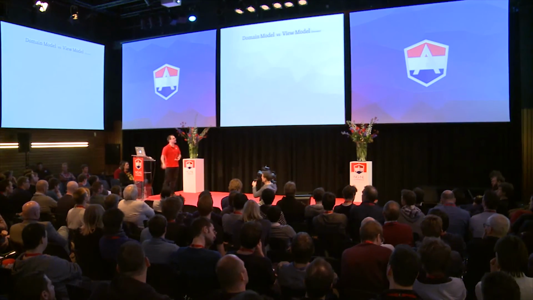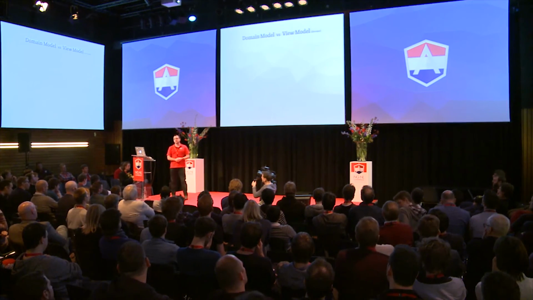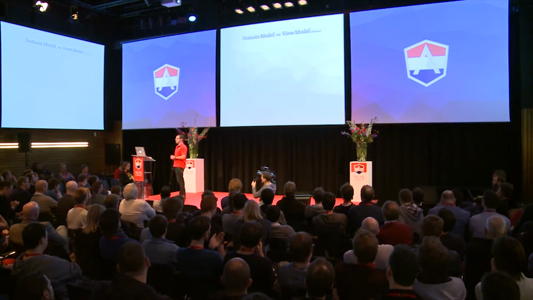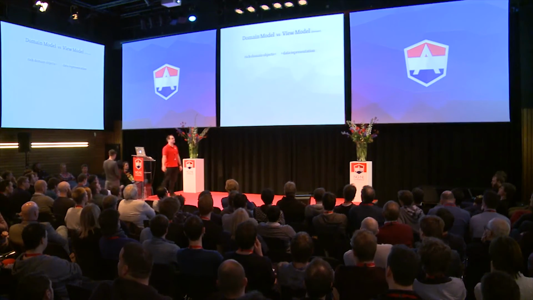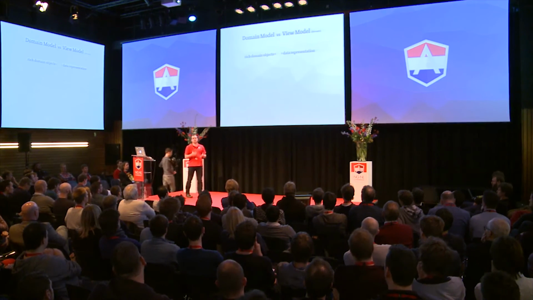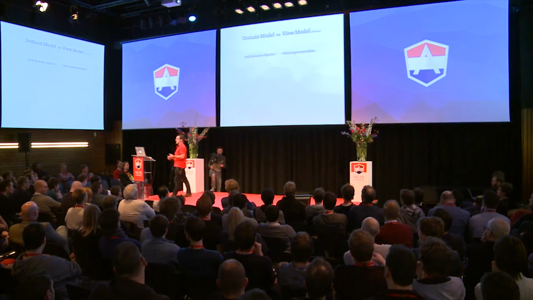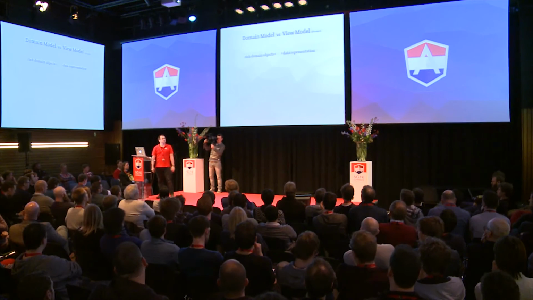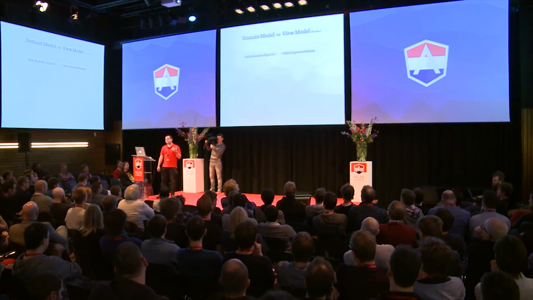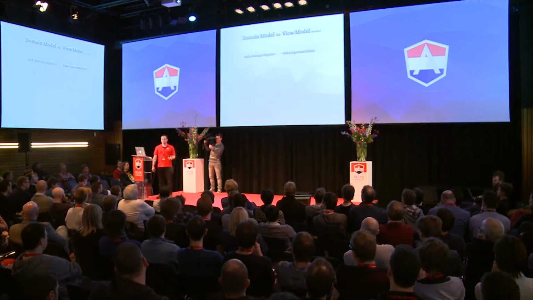Well, let's talk about some differences between a domain model and a view model. In AngularJS, we have the view model, which is known as scope. And it's basically a big tree of data with some logic attached to it. It's not the same thing as your domain model, because your domain model consists of rich domain objects, which can contain a lot of information related to the specific domain that you're developing for.